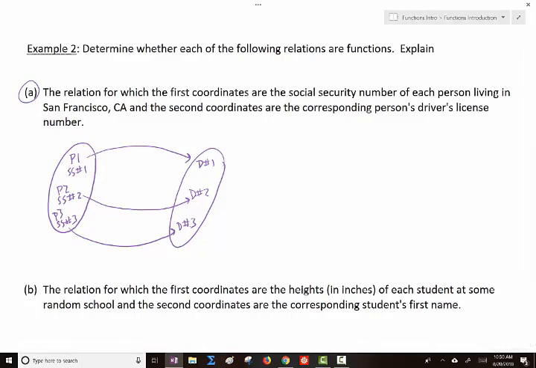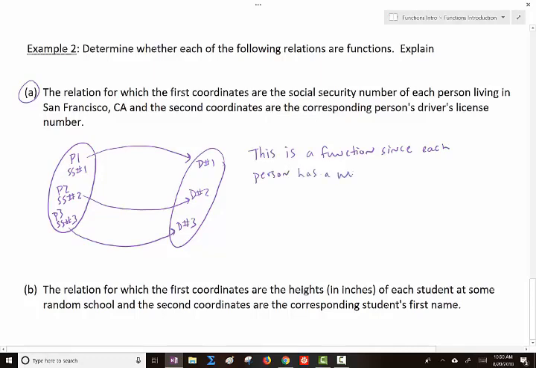Each person has a social security number that is unique to them, and assuming they can drive, they have a unique driver's license number as well. In this situation, this is indeed a function. So we say this relation is a function, since each person has a unique social security number and a unique driver's license number.